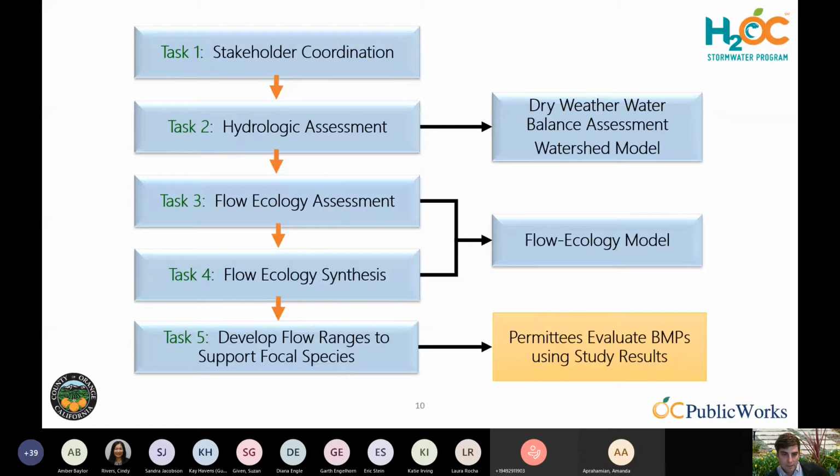And through this, developing flow ranges that would support focal species. We talked about focal species back in June and had a follow-up call to talk about that again over the summer. So one of the key questions would be what flow ranges would be needed to support those, and using those by the permittees, using those data sets of current conditions and what flow ranges would be desirable to evaluate management actions, or what we like to call BMPs.